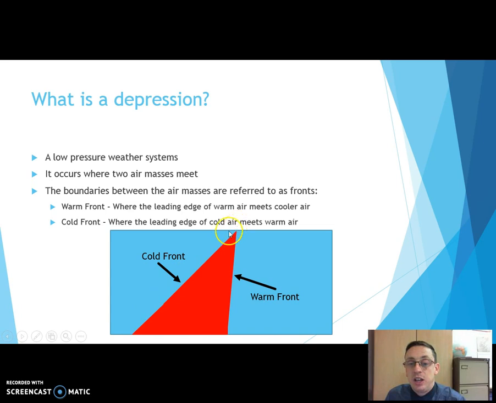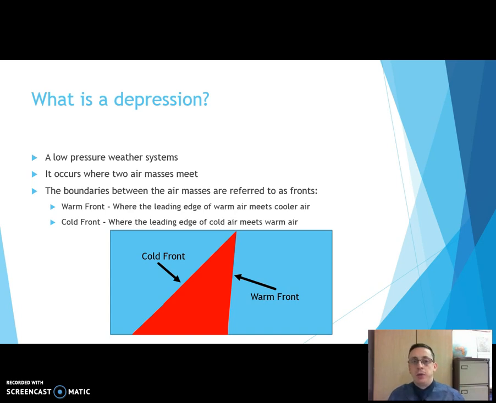The leading edge of the cool air behind this air mass we refer to as the cold front. And then we've got a third area, the area of warmer air in the middle, which we refer to as the warm sector. There is going to be a lot of terminology in this video, guys, so it will be worthwhile pausing it and reviewing it, but we will look over it in detail in class as well.